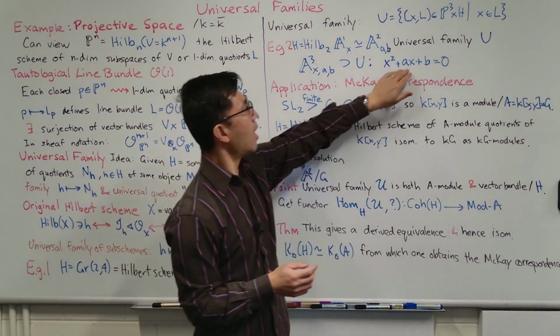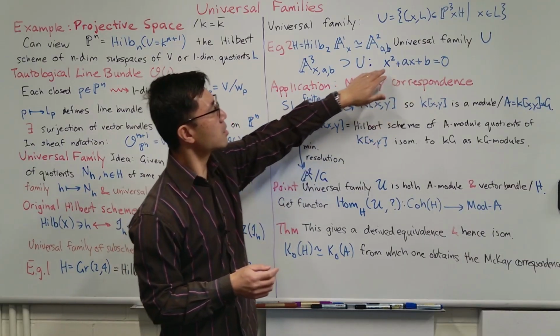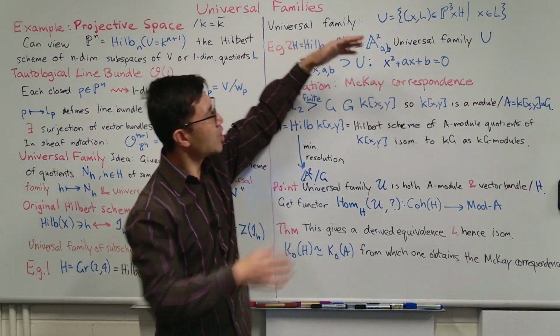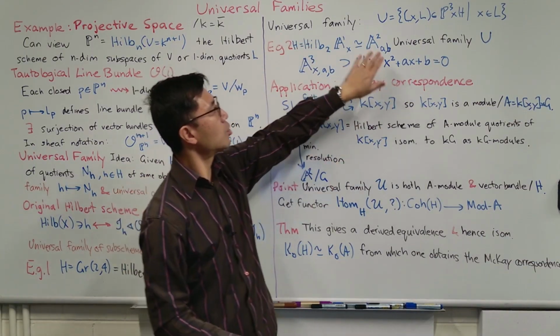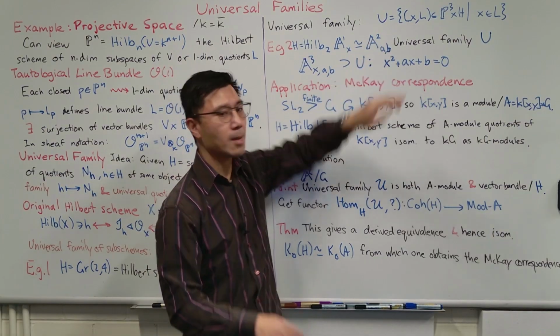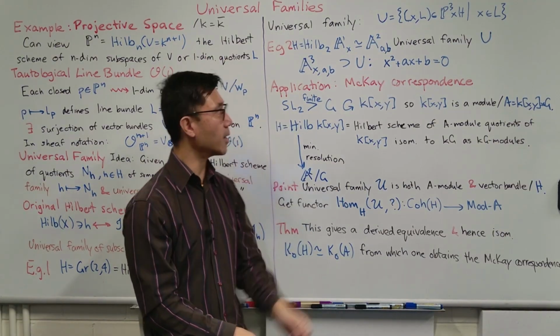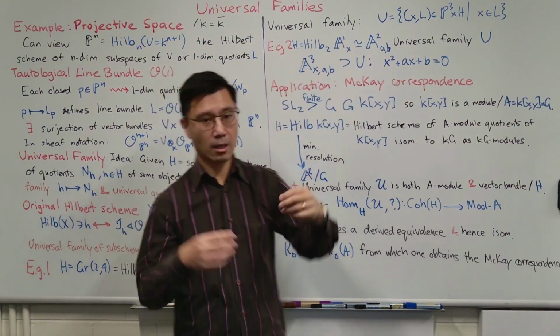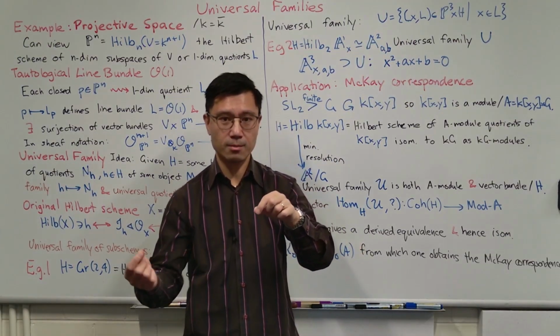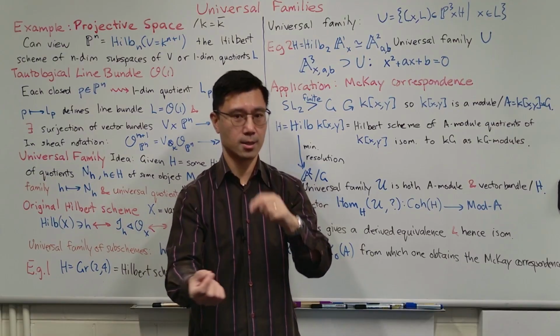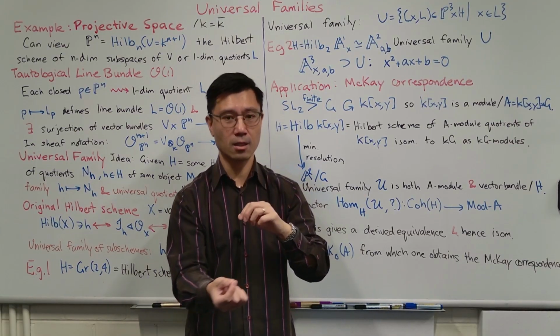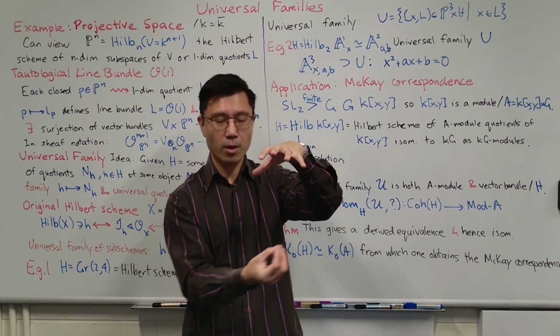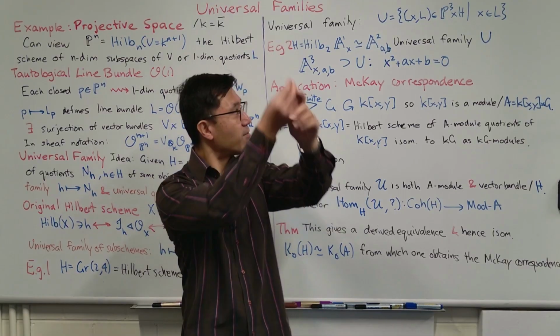What you can do is project this surface onto the AB plane. Remember the AB parameterize all these length 2 subschemes, or these codimension 2 ideals. For each pair of points AB, you can look above that.